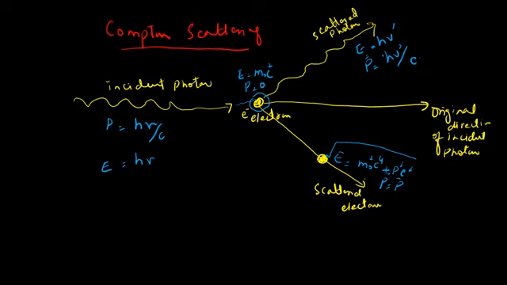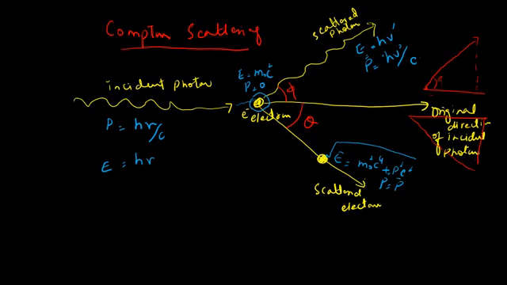For momentum, again we can make a diagram like this one. This is the triangle for the scattered photon, and this one is for the electron. The photon makes an angle phi with the incident direction of the photon, while the electron makes an angle theta with the original direction of the photon.